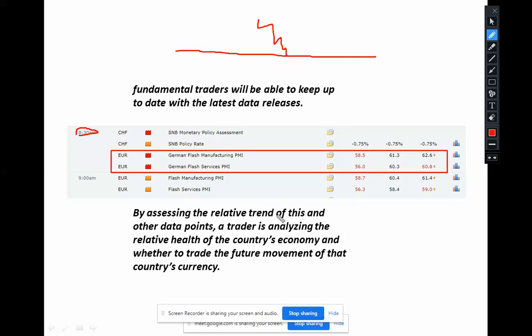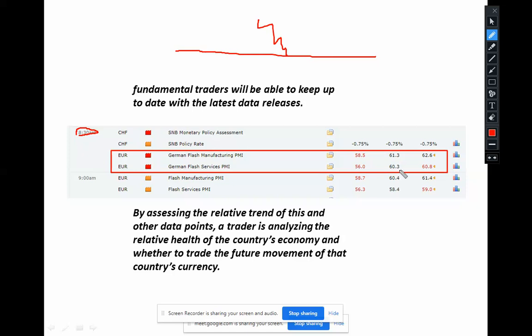So by assessing the relative trend of this and other data points, a trader is analyzing the relative health of a country's economy, to decide whether to trade the future movements of that country's currency.